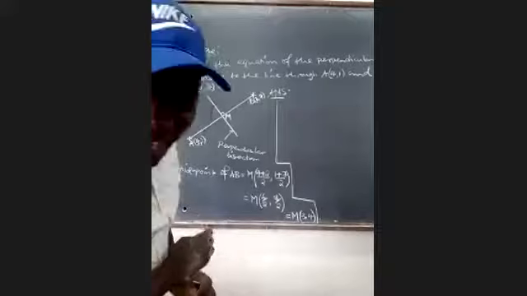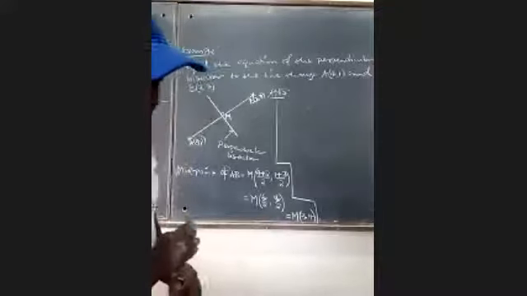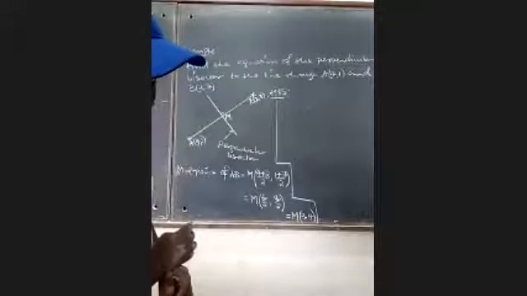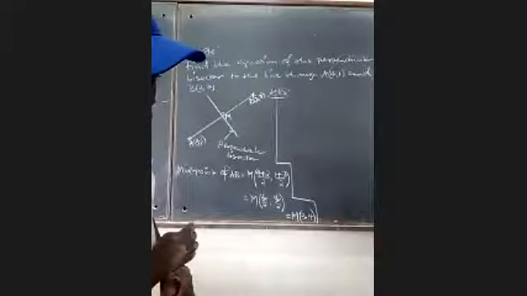I think y2 minus y1 divided by x2 minus x1. Which gradient are you looking for now? The gradient of the second line, the perpendicular bisector.